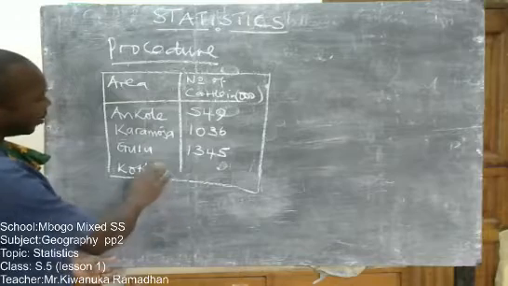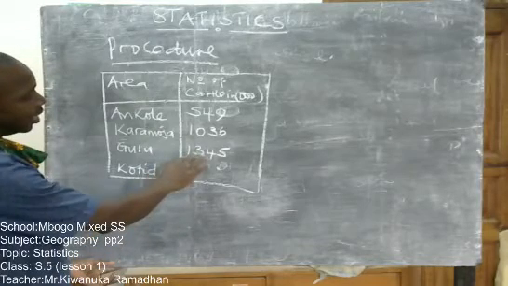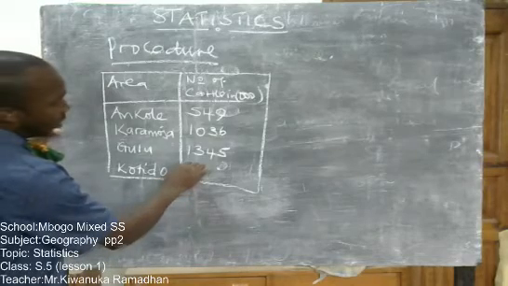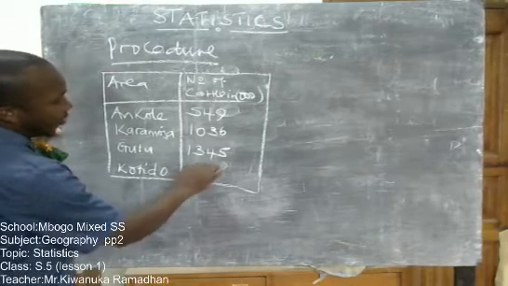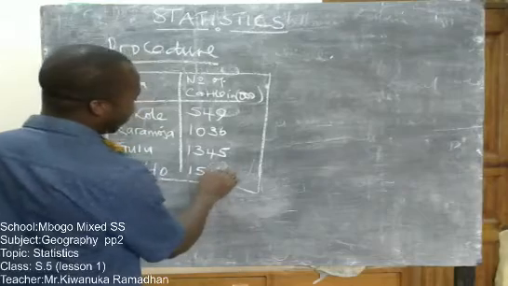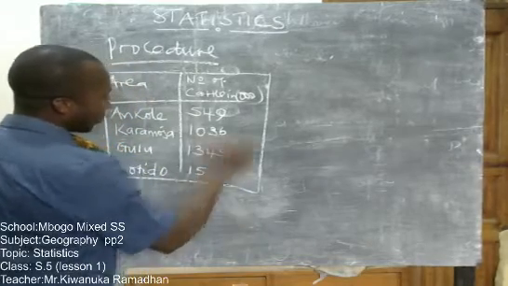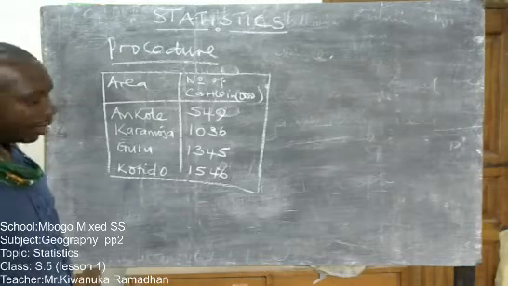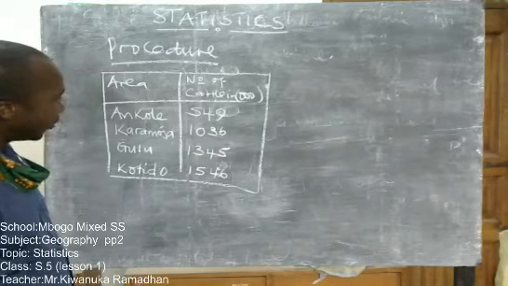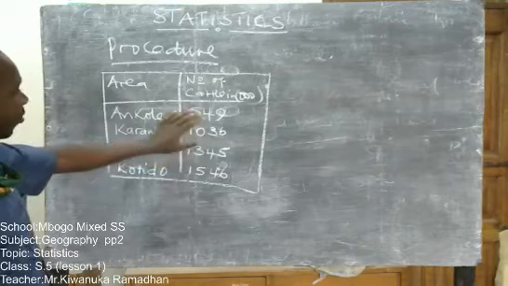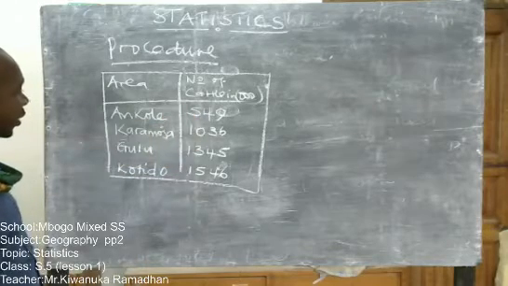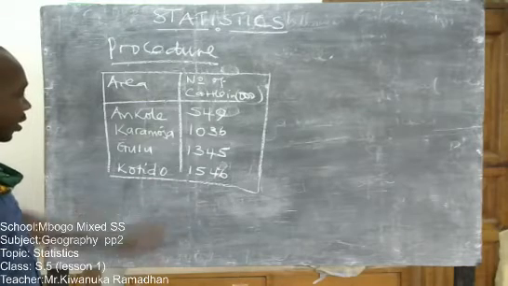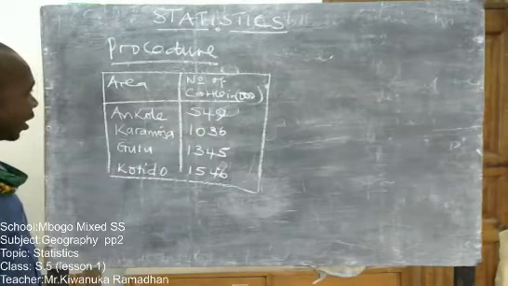When you add the 201 to 1345, it is giving us a total of 1546. So this is our table of results that we are going to use.